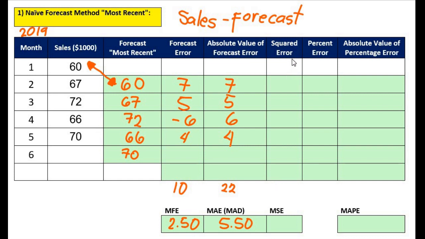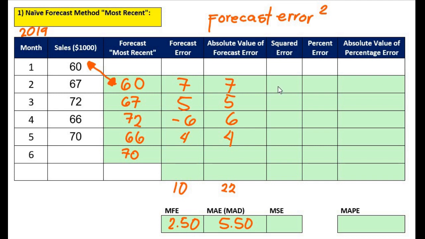We proceed then with the squared error. The formula for the squared error is simply forecast error squared, or forecast error raised to 2. Simply, we multiply the forecast error by itself.